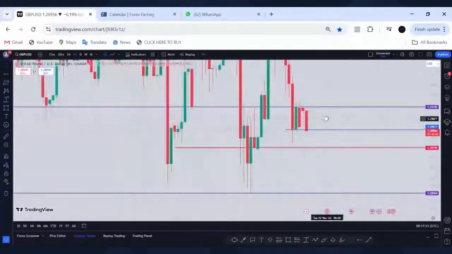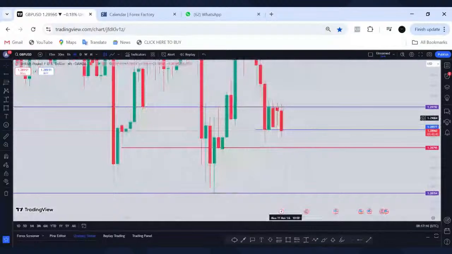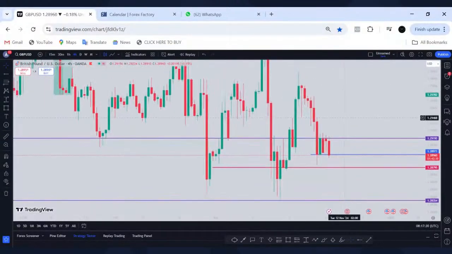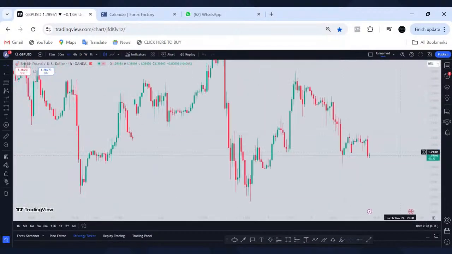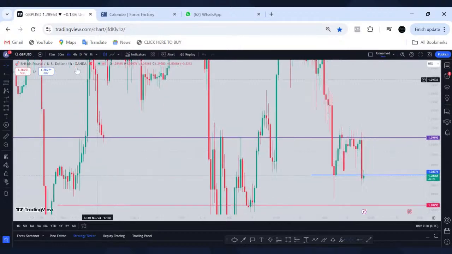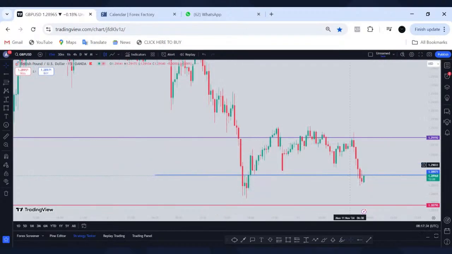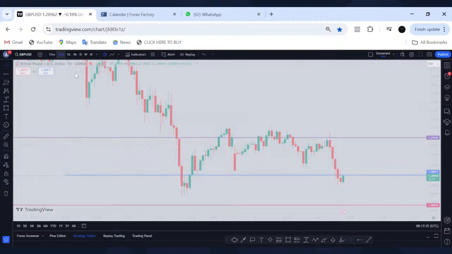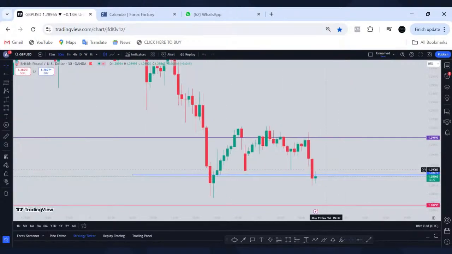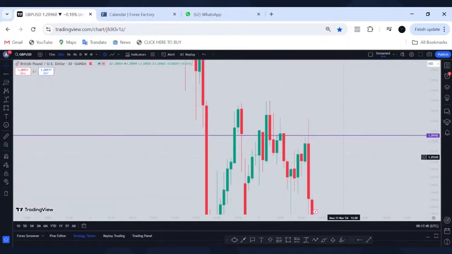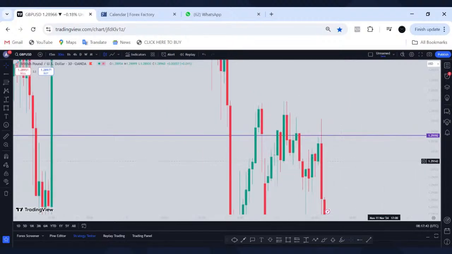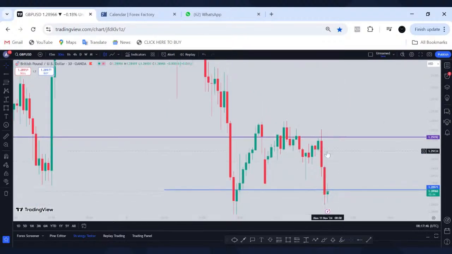So this would have been the nice trade for the week. This move, a nice break and retest. When you move to H4, it gave us a nice opportunity, but there was no entry. Moving to the lower time frame, I think the entry should have been here.